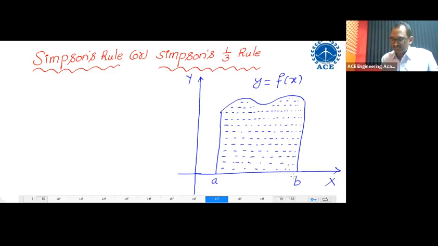First of all, this is the interval. I want to split this AB interval into two equal parts. This is the middle point, because there is a restriction: the total interval must be split into equal-length subintervals. That is compulsory. Now, in the first subinterval, I want to replace the curve by a parabola.